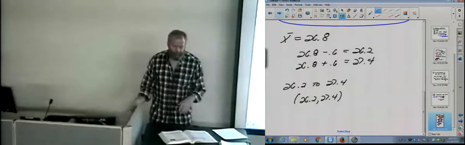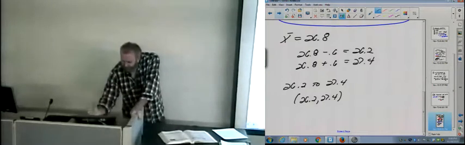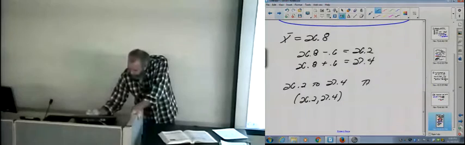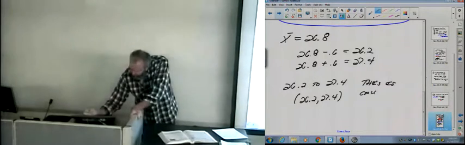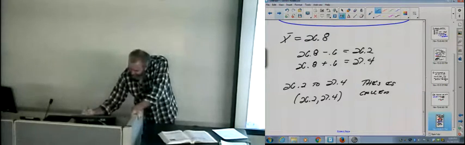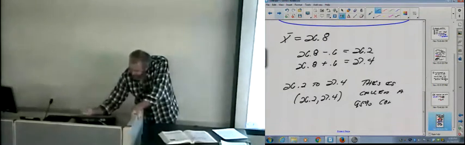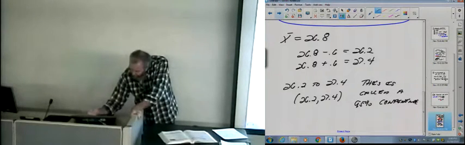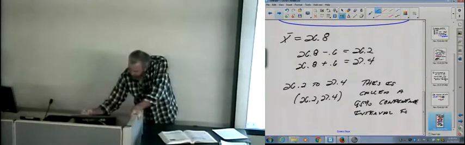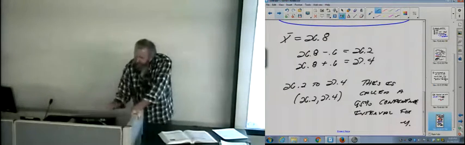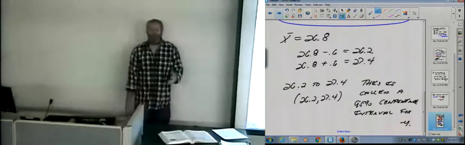Now, the punchline is, this is called a 95% confidence interval for mu. Because remember how all this started.